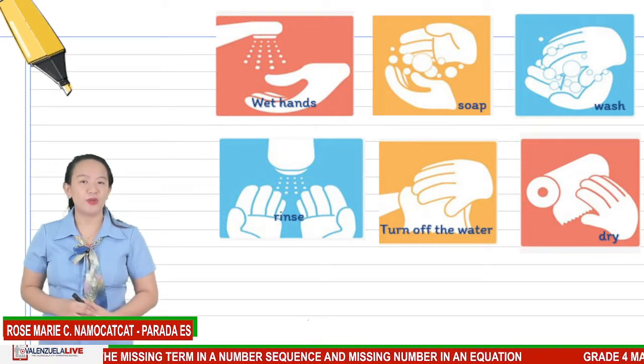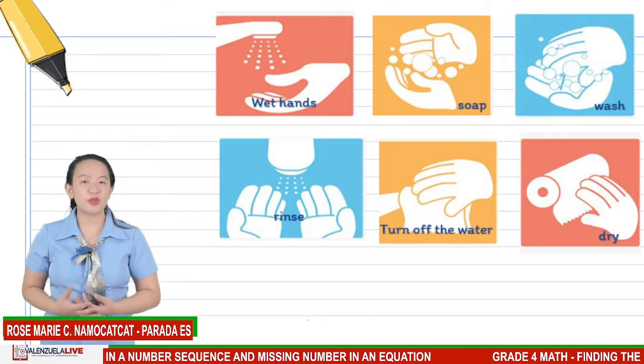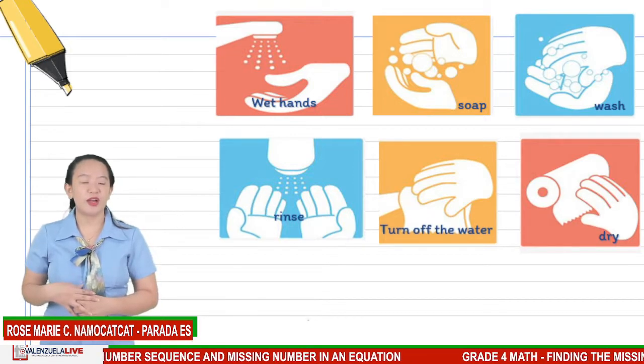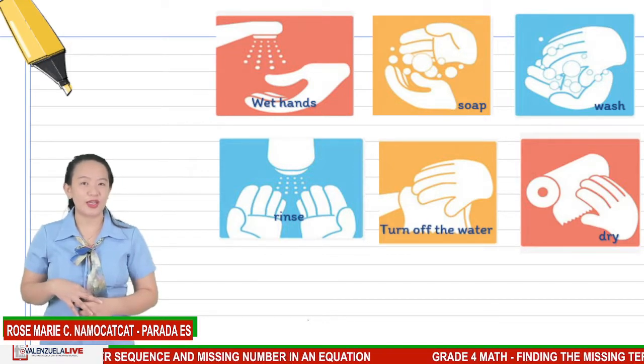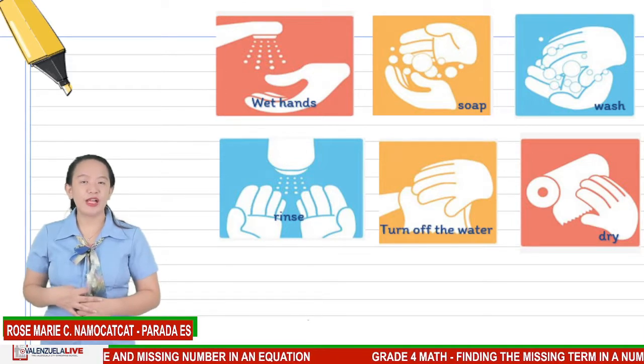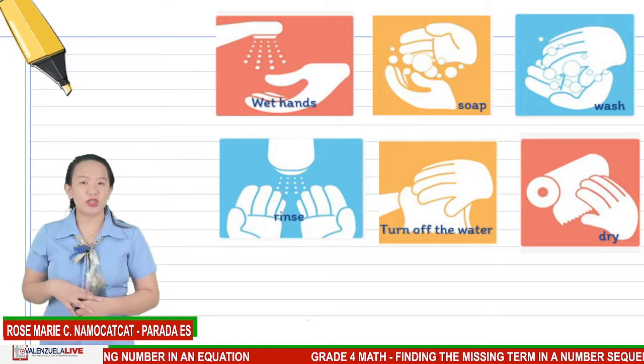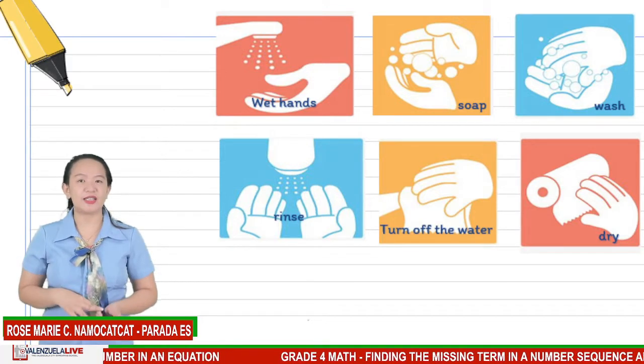Even in washing, we have steps to follow. So just like now in our topic, we have steps to follow, especially when we are finding the sequence of a number. So, thank you so much, grade 4, for helping Mara on the different steps on how she was going to wash her hands.